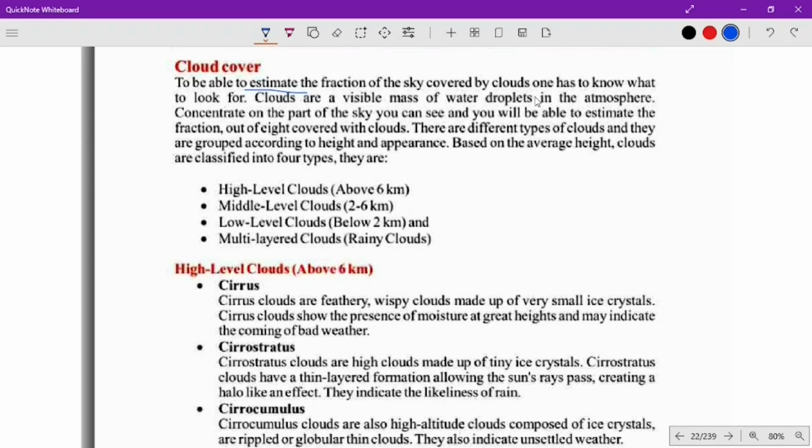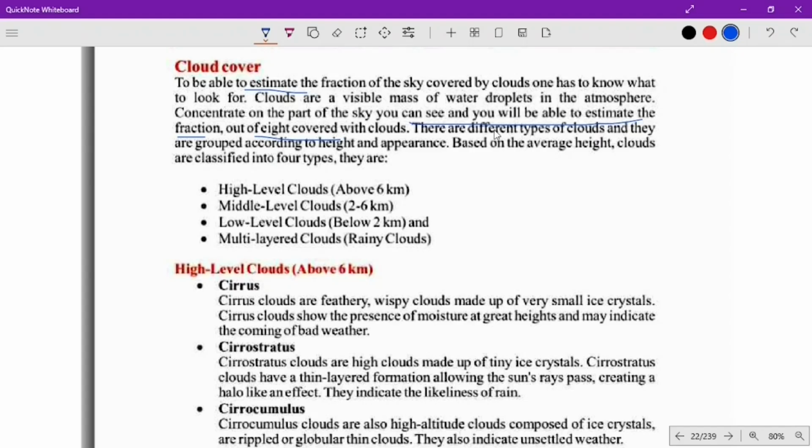But in order for you to be able to estimate, you have to know what you are going to look for. Clouds are visible masses of water droplets in the atmosphere. So concentrate on the part of the sky you can see, and you'll be able to estimate the fraction out of 8 which is covered with clouds.